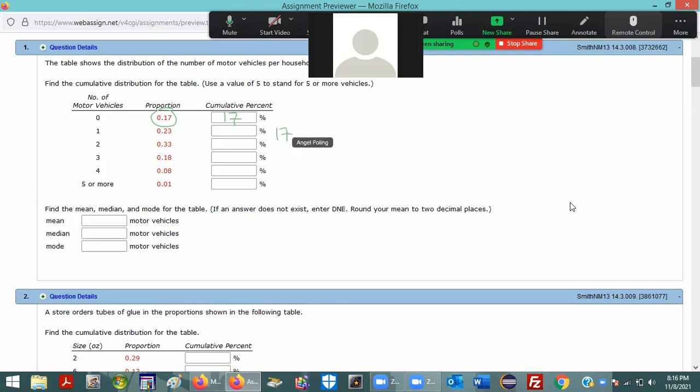Here we'll have 17 plus 23%, giving us 40. Next we'll have 40 plus 33%, giving us 77. Then 77 plus 18, giving us 95.